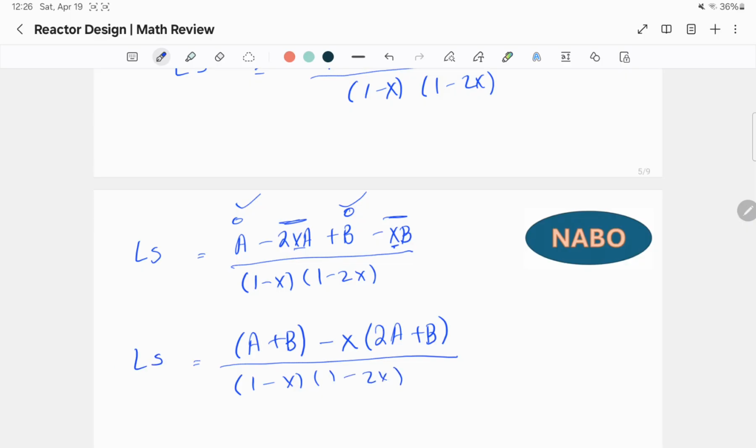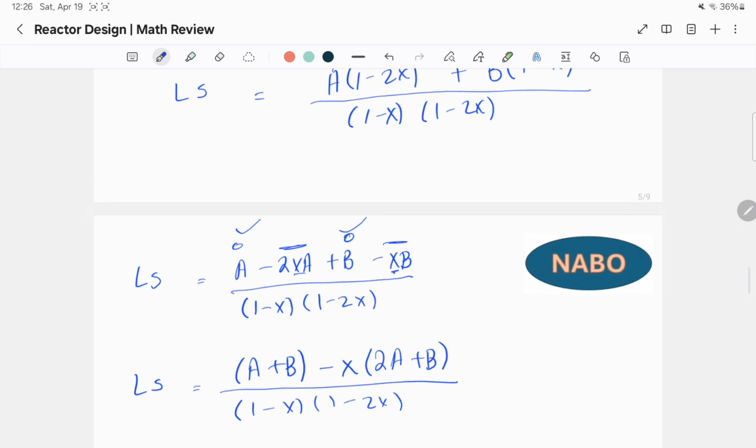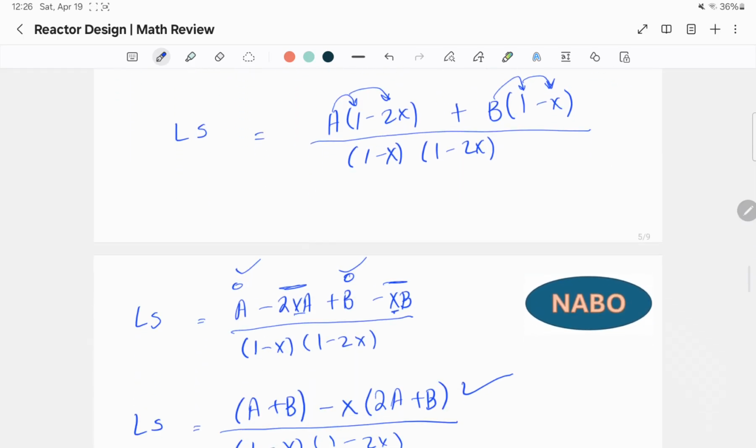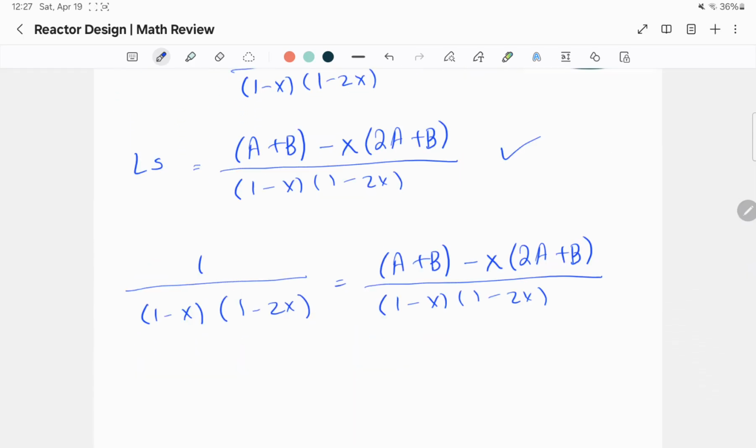Okay, now this numerator needs to equal this numerator. The original function is to the left, and we need this numerator to equal this numerator for these functions to be equal. So notice that the numerator in the original function here has no x.